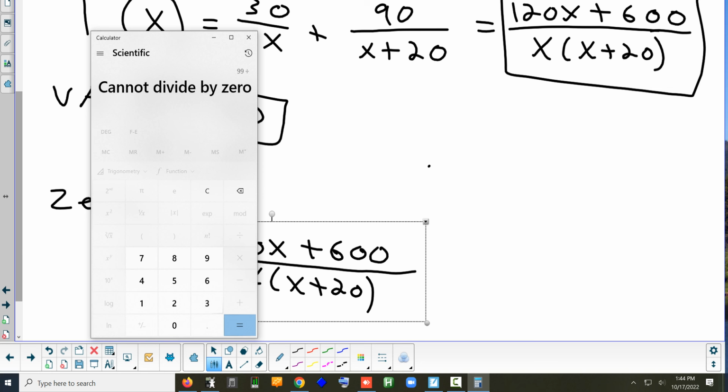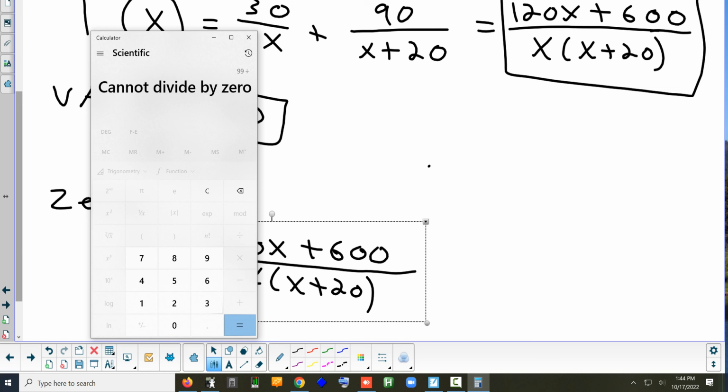So how do you get 0 when you divide two numbers? You can't. You can? No, you can. Think about something you can divide and it comes out to 0. No, you can't divide by 0.